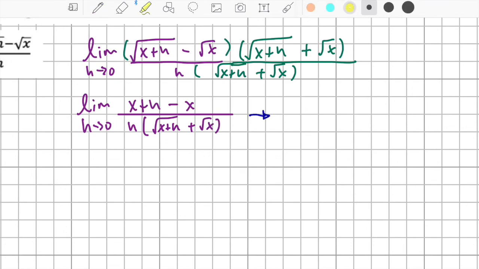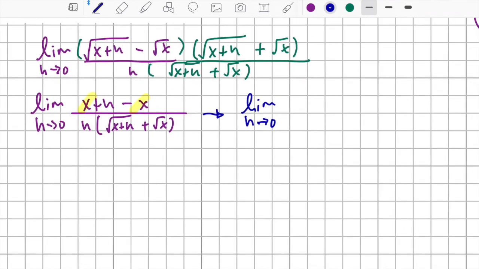Now we will start simplifying. I notice that in the numerator I can cancel the x's, so we're left with the limit as h approaches 0 of h in the numerator, denominator still the same.